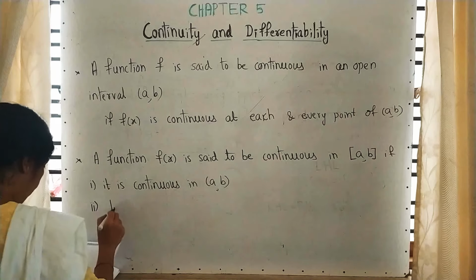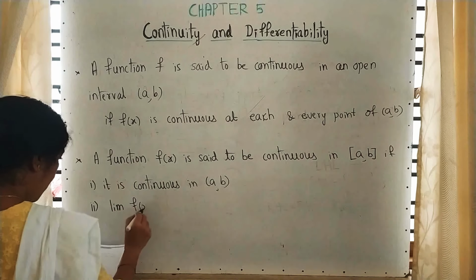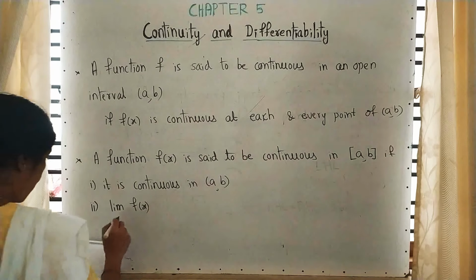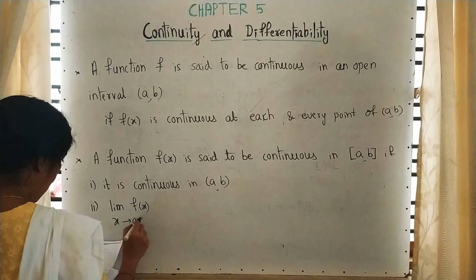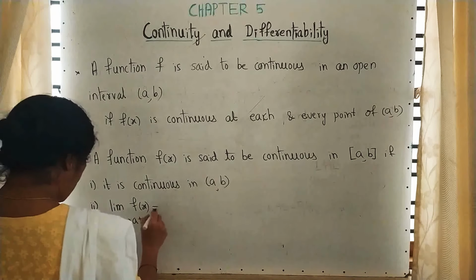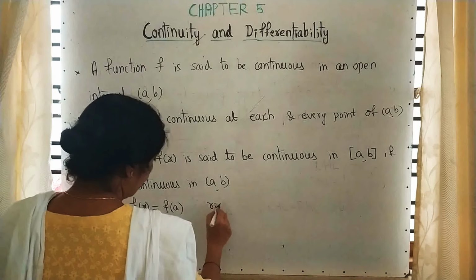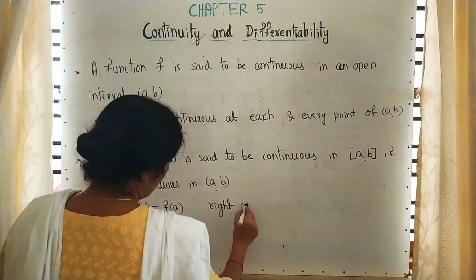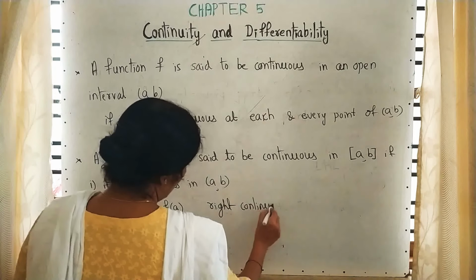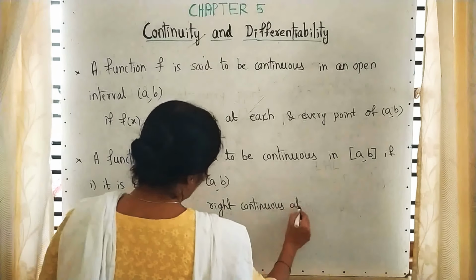Second one, limit f of x as x tends to a plus is equal to f of a, right, continuous at x is equal to a.